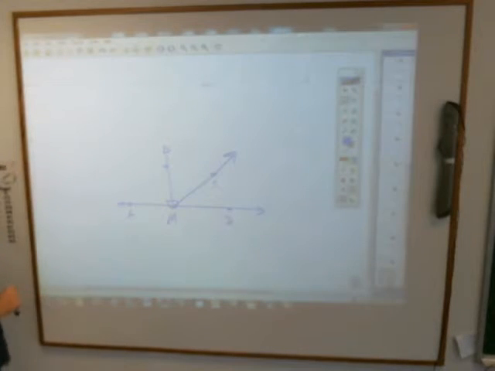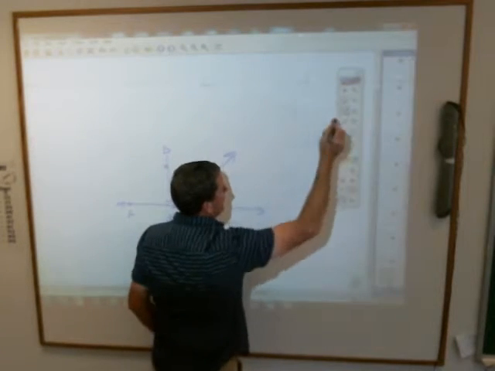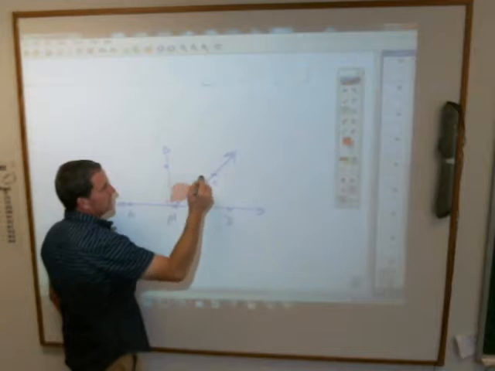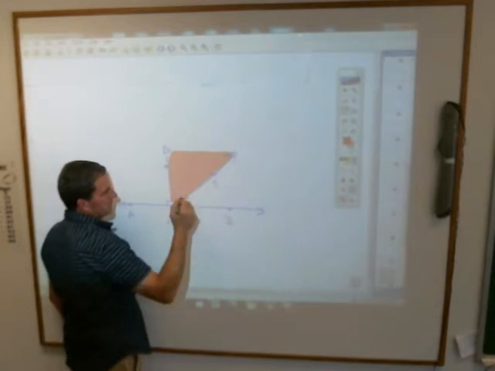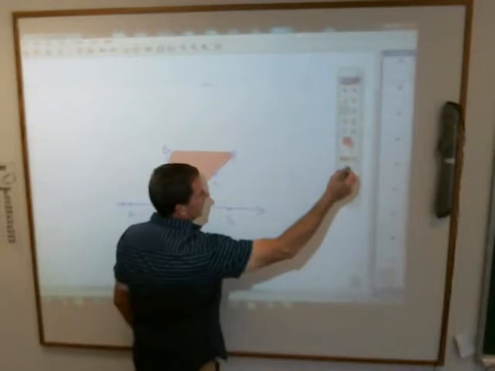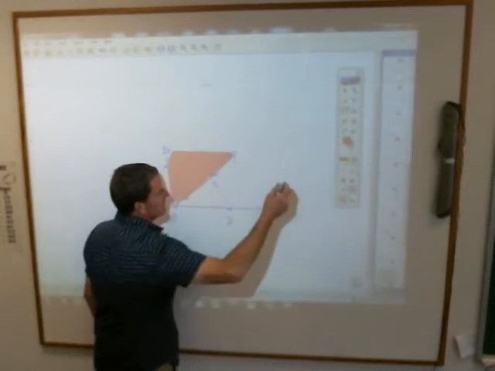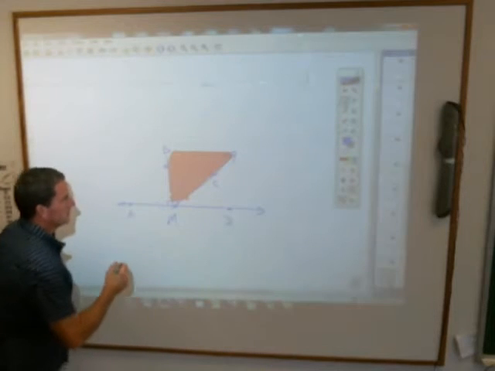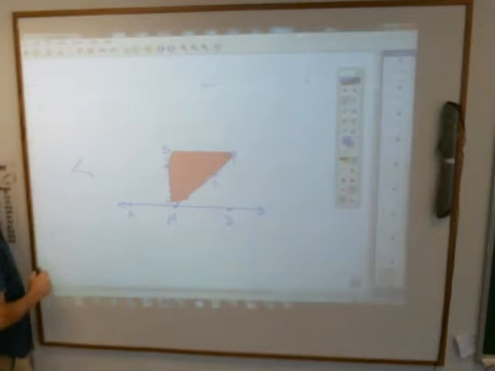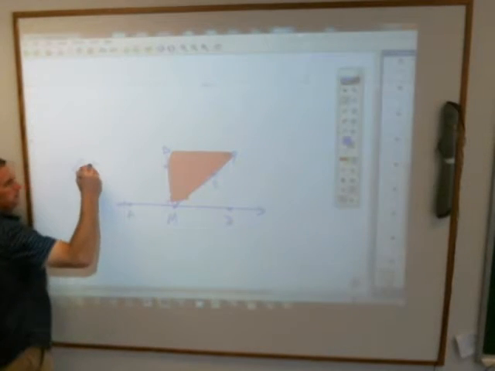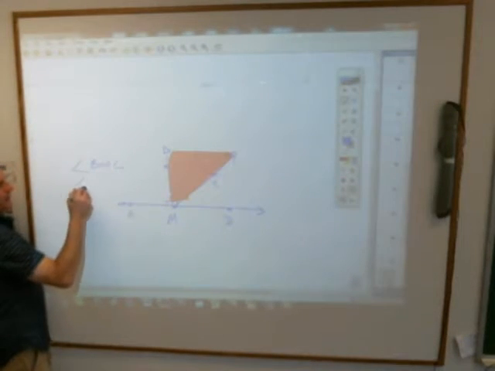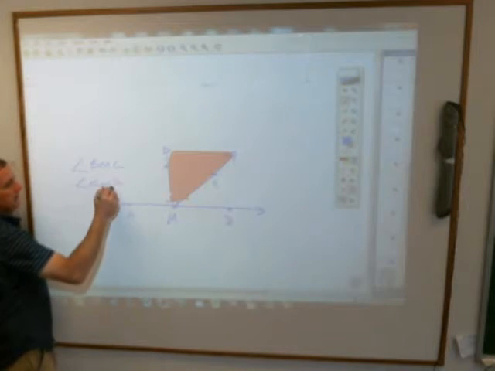You fault finders. If I were trying to tell somebody that I was talking about this angle right here, how would I write it out for them? There are a couple of different ways you could do it, either angle BMC or angle CMB.